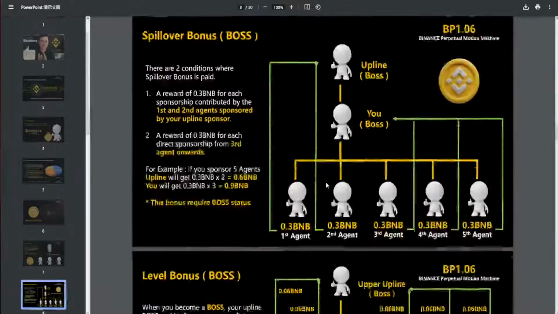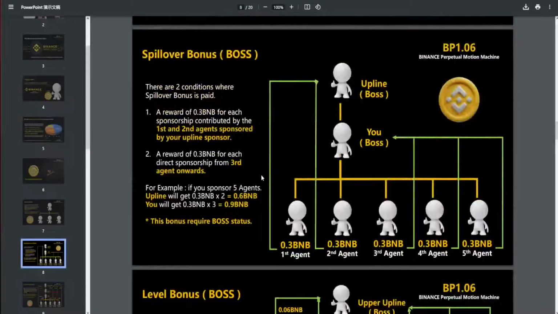If you come down here you can get further instructions. There are different levels, such as the upper upline boss, the upline boss, the boss, and then the first, second, third, fourth, and fifth agent. There are different percentages that go to each level upon every deposit.